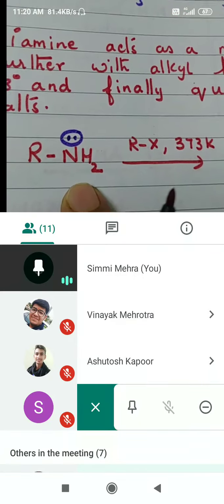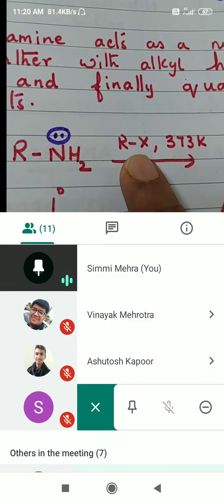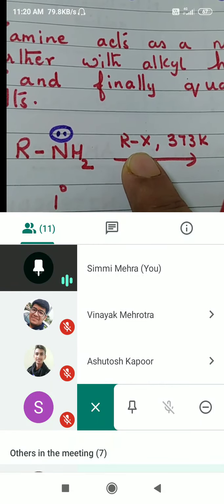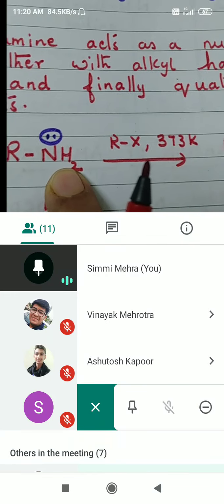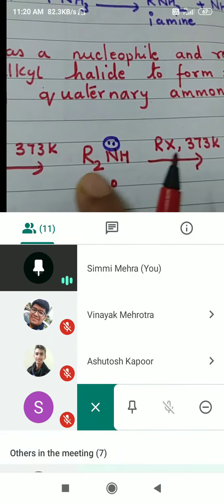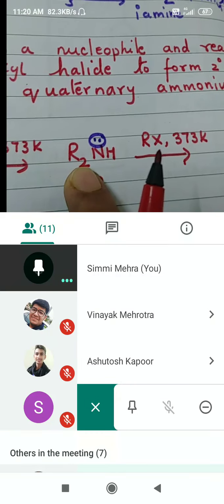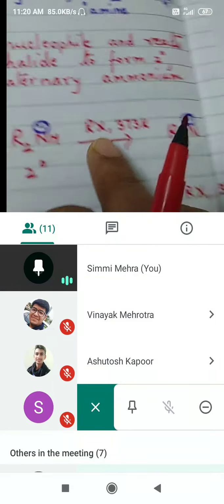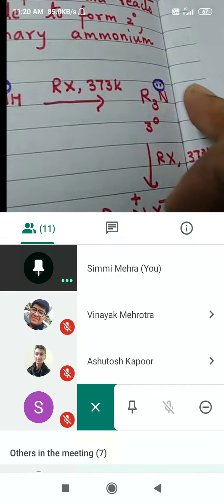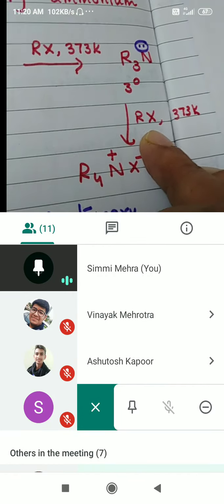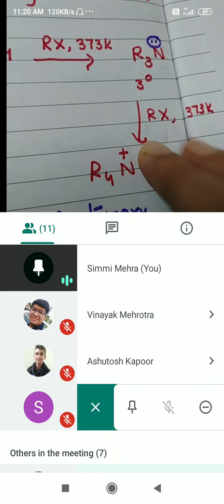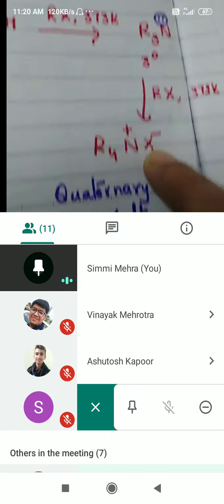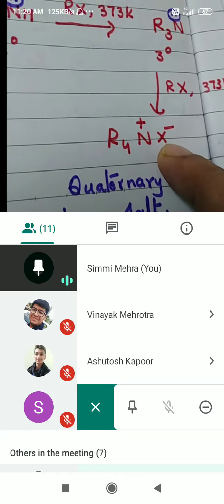This is your primary amine. If you make it react with alkyl halide RX, what will happen? Here one hydrogen will get replaced, so it is going to form a secondary amine. Then again with another molecule of RX, it will form a tertiary amine. With another molecule of RX, it will form a quaternary amine, and then X minus will remain in its vicinity due to electrostatic force of attraction.